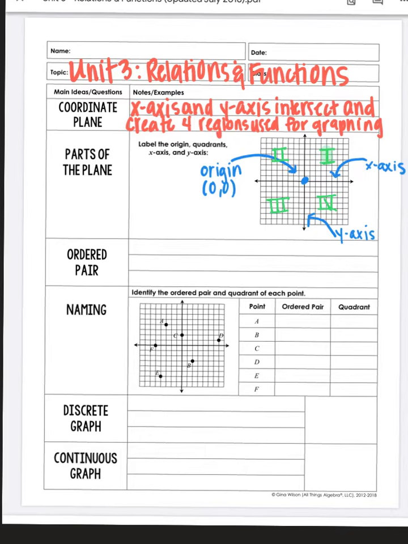An ordered pair is a point, which when we write a point, we always give the x value first and the y value second. So it is a point on a graph.